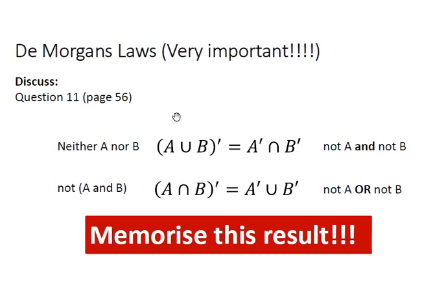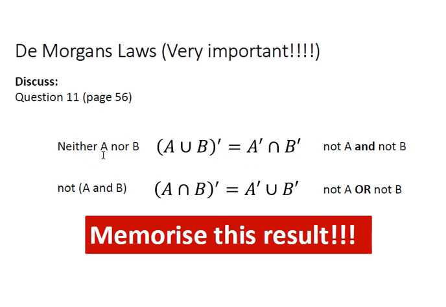Now we are going to explain De Morgan's laws, which are very important. You should memorize these results. The first one is the complement of the union of A and B is A prime intersection B prime.